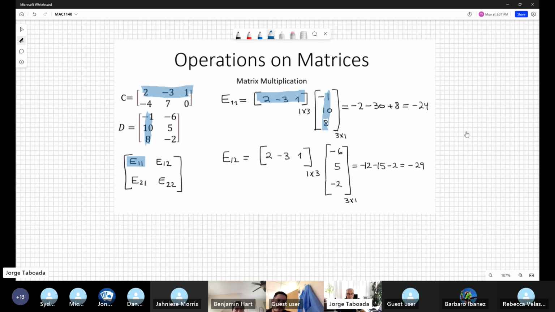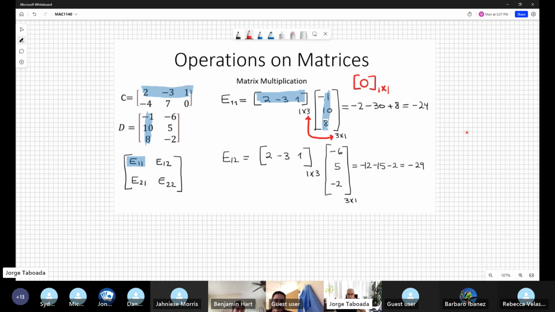The dimensions match perfectly because 3 and 3 match. However, the answer we obtain is actually a matrix, but a matrix 1 by 1, and 1 by 1 is a scalar. It's just a number here. And how do you obtain this?